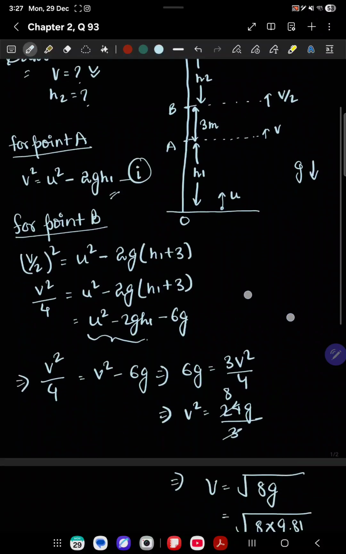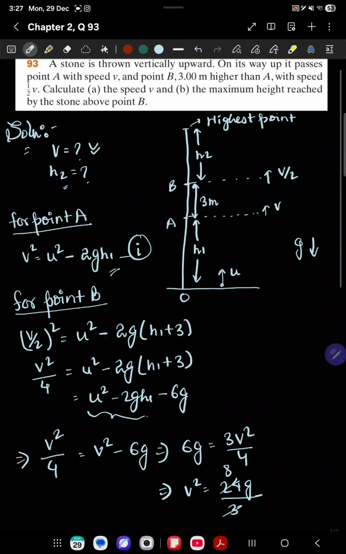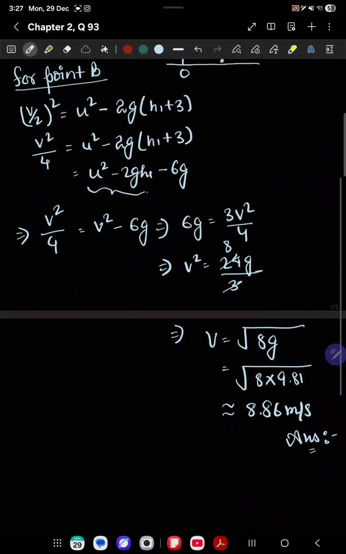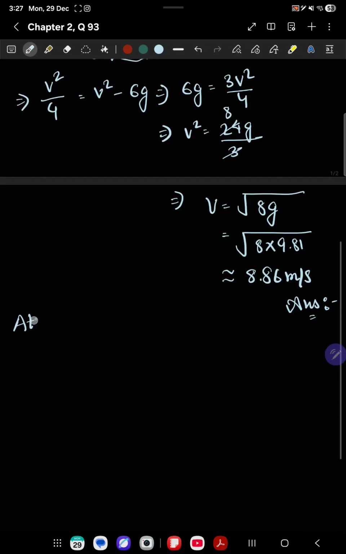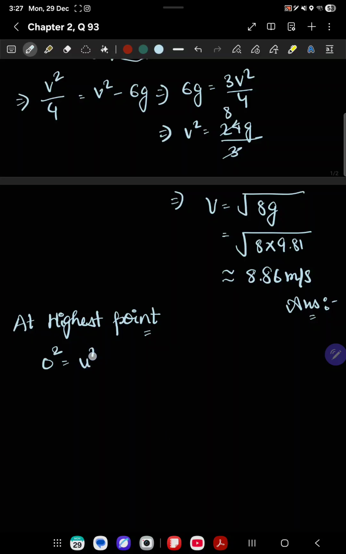We have already found out. Now coming to h2. So for h2 we are just writing the equation at this point, the highest point. So at the highest point we know the equation will be 0 square, as the stone will come to rest, equals u square minus 2g h1 plus 3 plus h2.